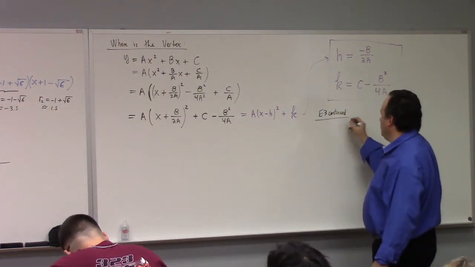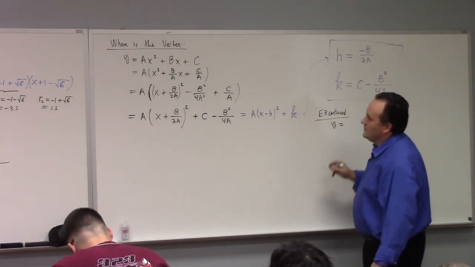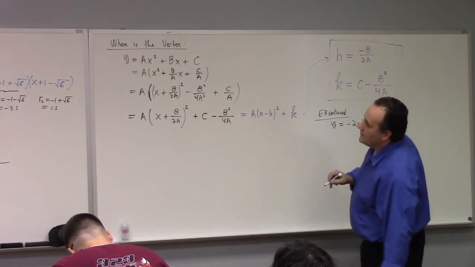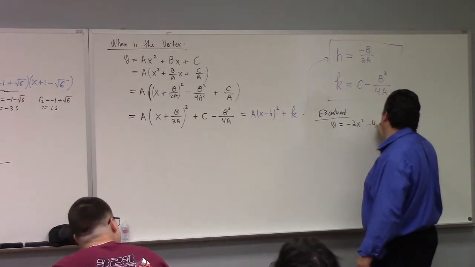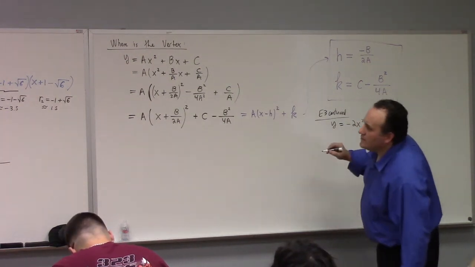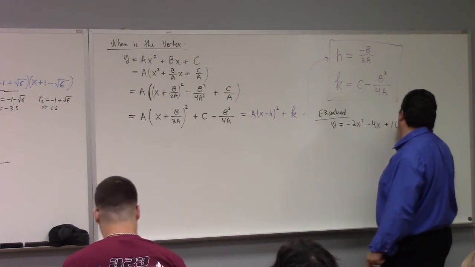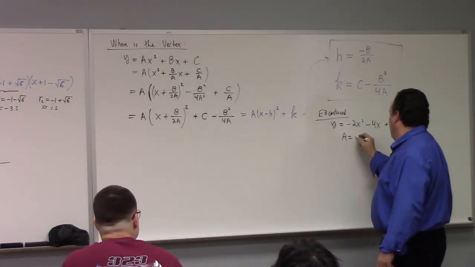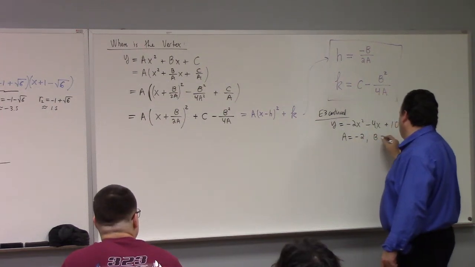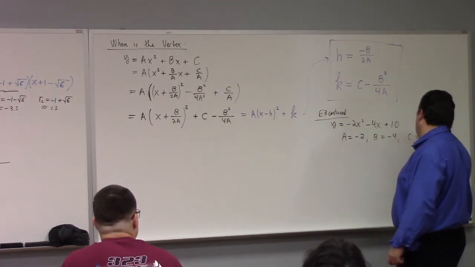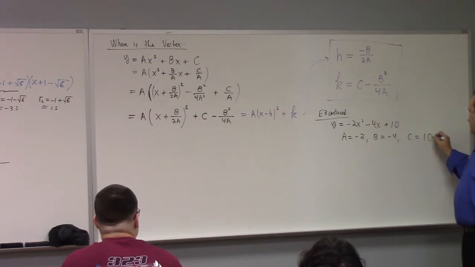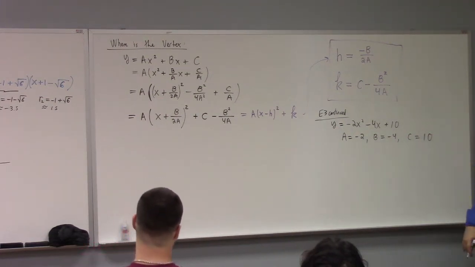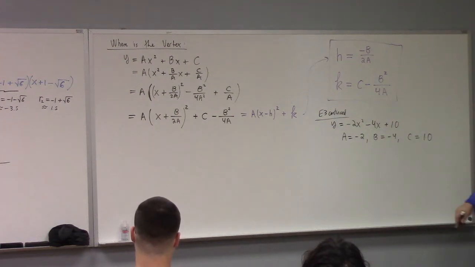Let's see here. So we had y equals minus 2x squared minus 4x plus 10, yeah? So what would my formula be? Here a is equal to minus 2, b is equal to minus 4, c is equal to 10, right? If we don't want to complete the square, we just want to plug and chug the formula.